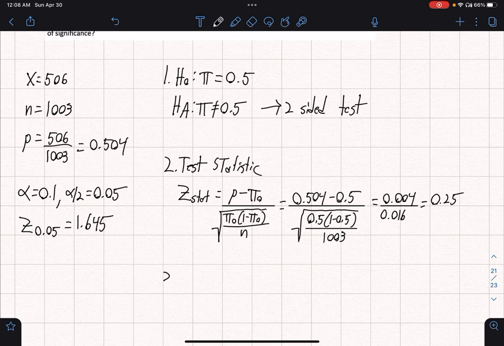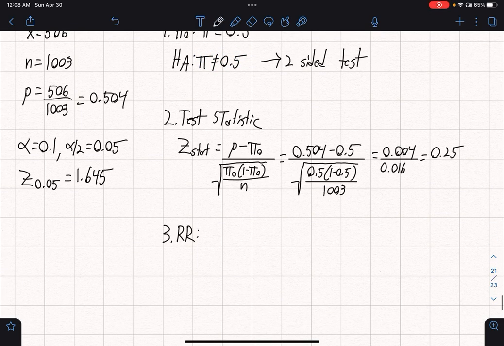Okay. 3. Rejection region. So we recall that rejection region follows from the alternative hypothesis. This is two-sided. Therefore, we're going to have two ranges for our rejection region. So that'll be z-stat less than negative z 0.05, or if z-stat is greater than positive z 0.05.